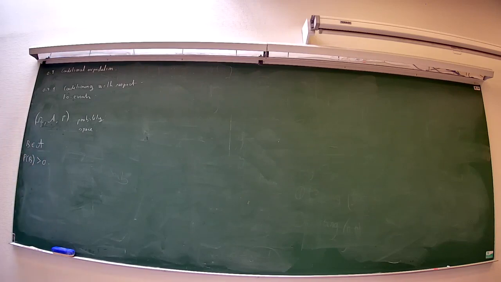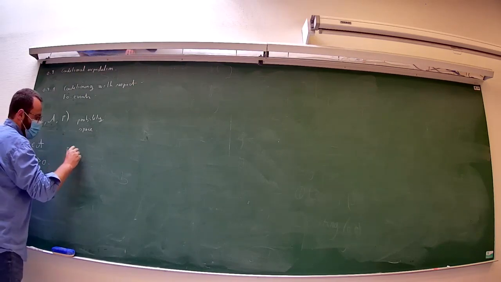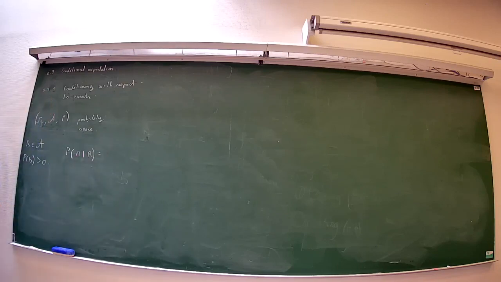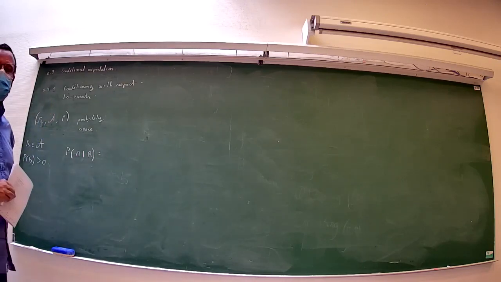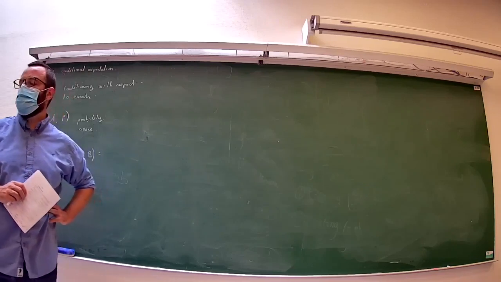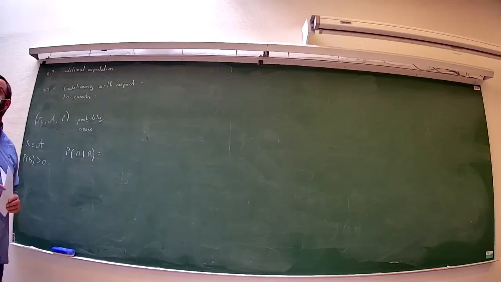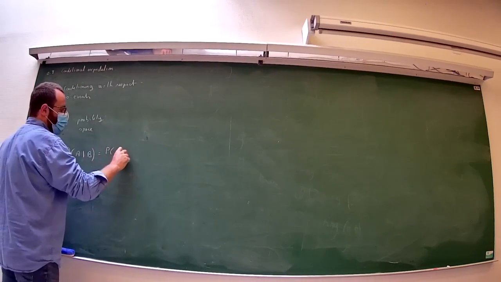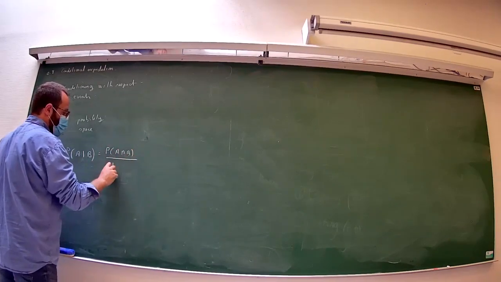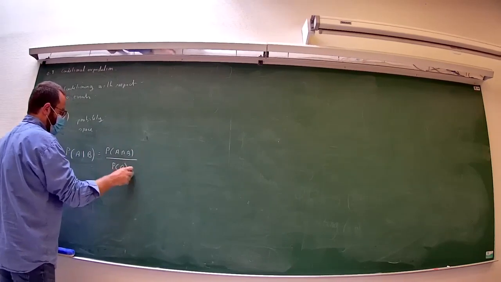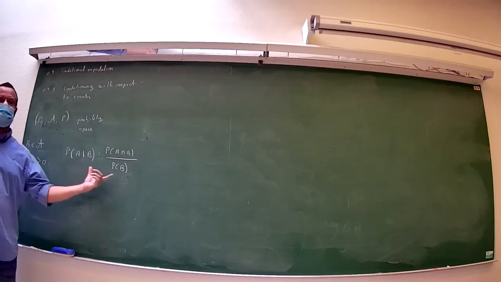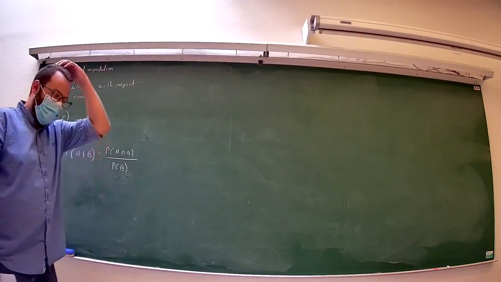And you know from previous courses what is P of A given B. Do you remember this? It's the probability of the intersection over P of B. And that's why I impose P of B to be strictly positive, because I want to be able to divide by it.